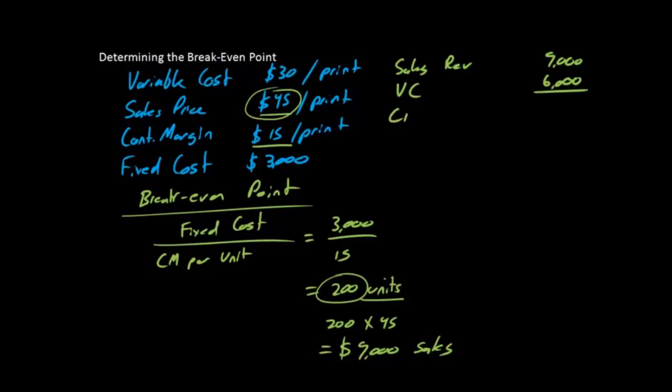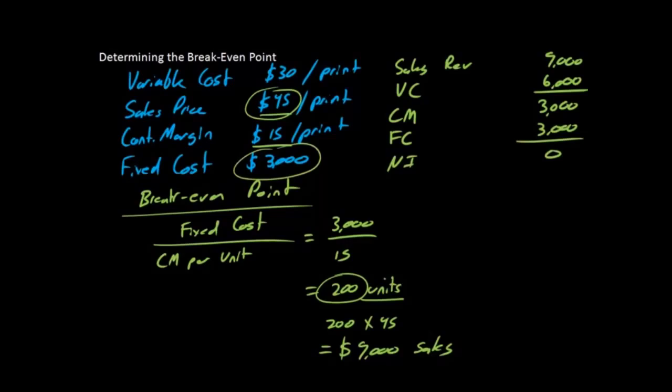So our VC, which is the variable cost, is 6,000, and that gives me a contribution margin of 3,000. And we set our fixed cost in this example, which is 3,000, and after that we can see clearly the break even that we have, which is zero net income.